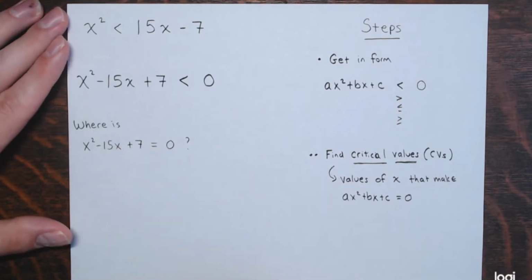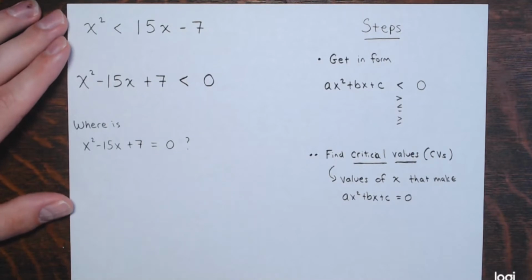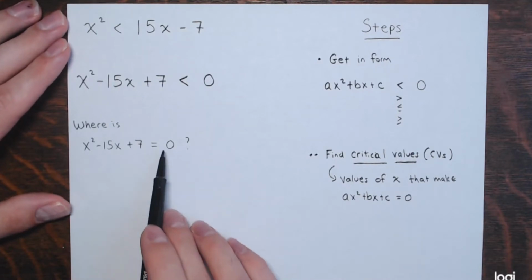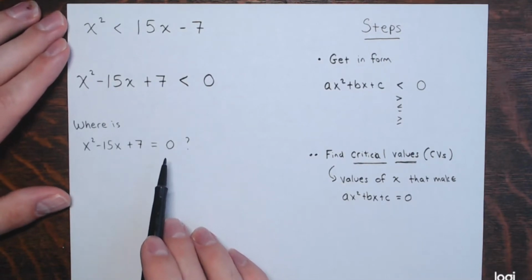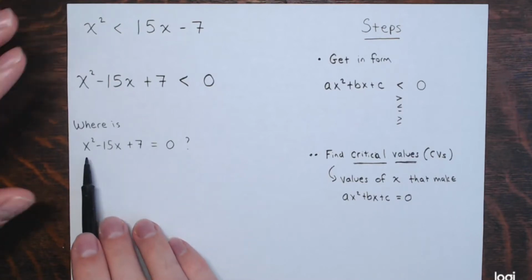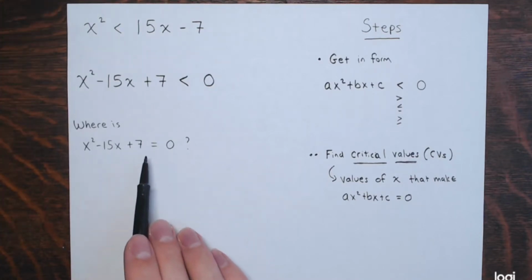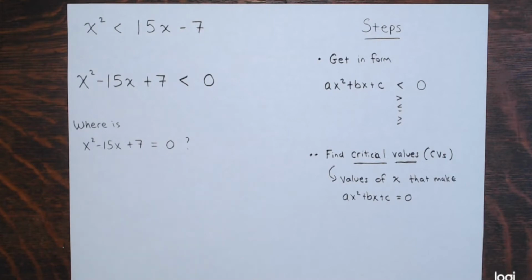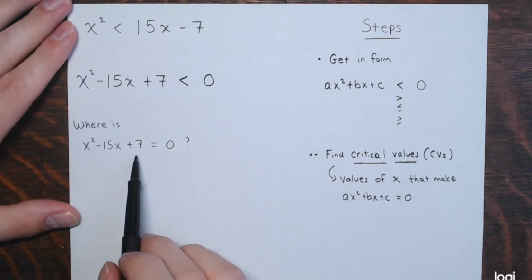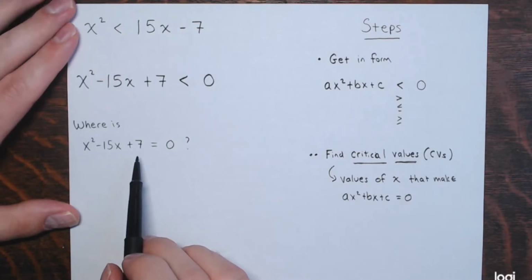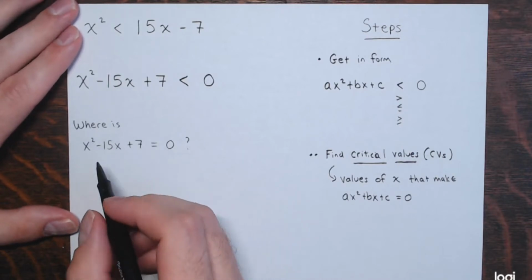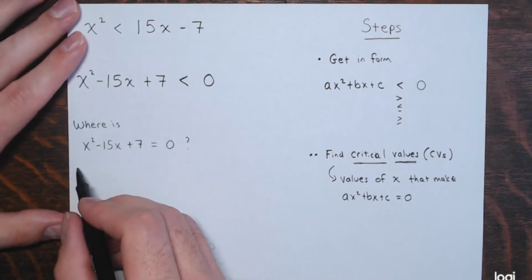Right, find these critical values. So I'm solving a quadratic equation now. And it's set up in a fashion where I could use the quadratic formula, completing the square, or try factoring. Now I'll tell you right now, this is not factorable. So I'm just going to use the quadratic formula.